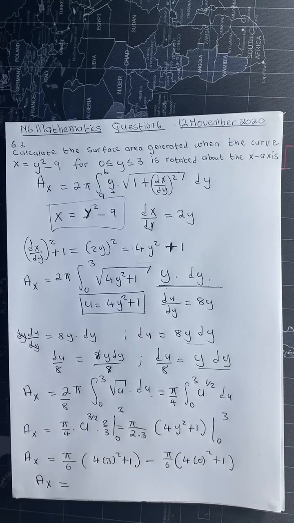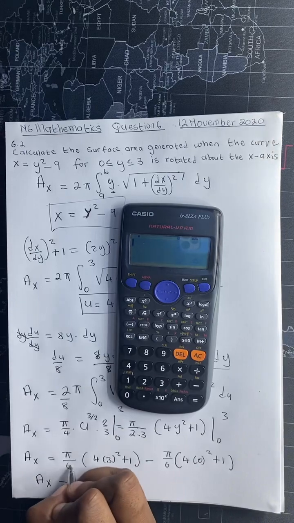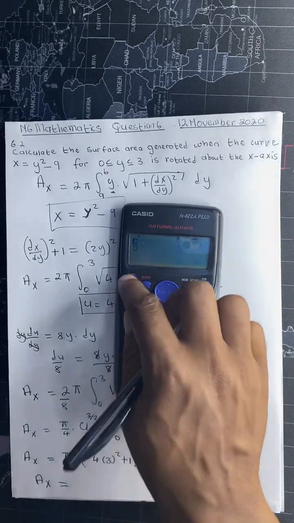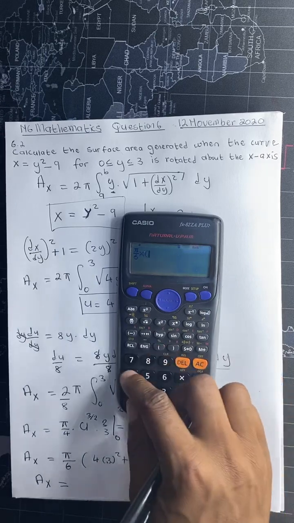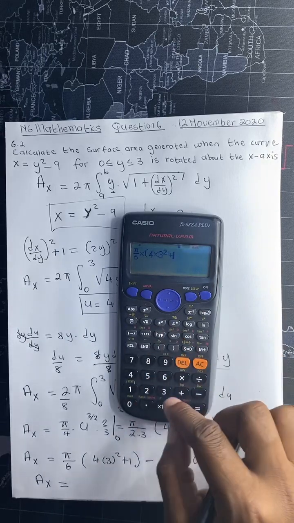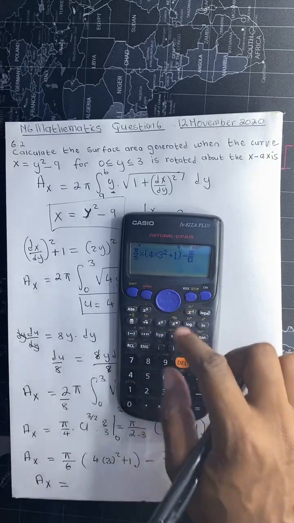Ax will be equal to pi over 6 multiplied by 4 multiplied by 3 squared plus 1, minus pi over 6.